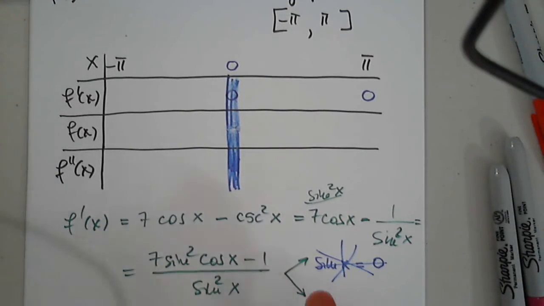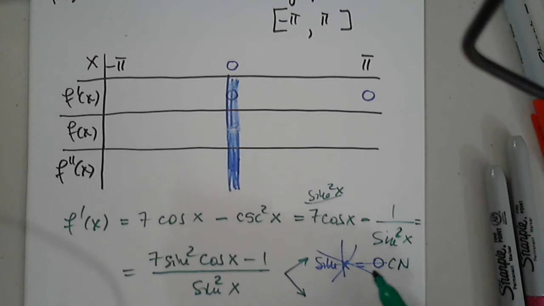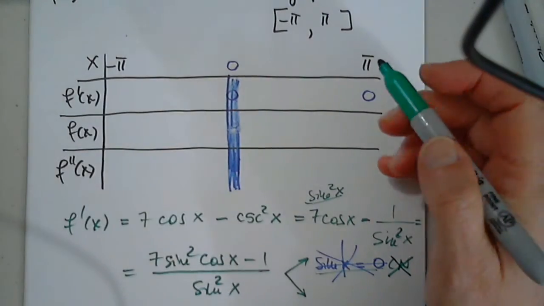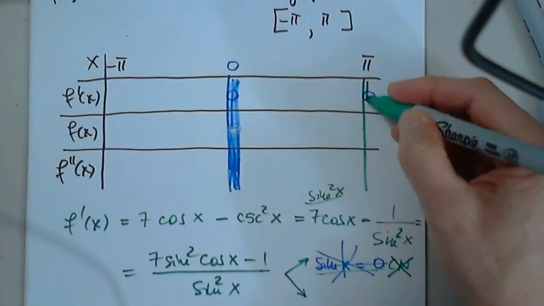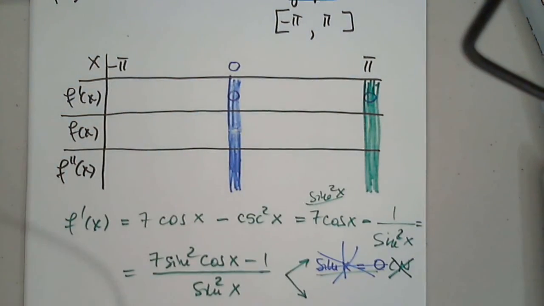So, yes, sine x equals 0, but it is not in the domain, so that cannot be accepted. It's okay as a critical number from here, but it's not going to be considered because the critical number has to exist for the function. The function is not defined at x equals 0, and the function is not defined also at pi. If the function is not defined, its derivative will not be defined there either.